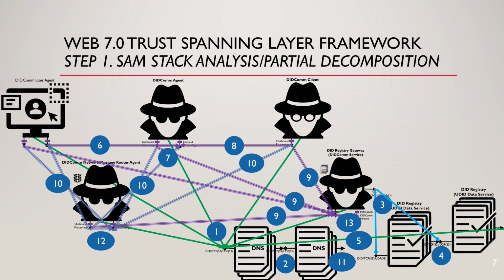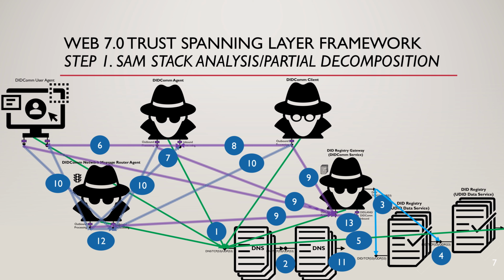In the bottom center, we see a pair of DNS servers. Again, DNS servers are similarly often deployed in pairs, but usually physically separated in the network. And then we see all kinds of lines, network connections. The green connections represent DNS protocol connections. The bright blue lines represent DID registry protocol connections.